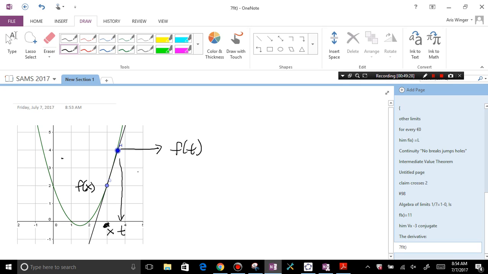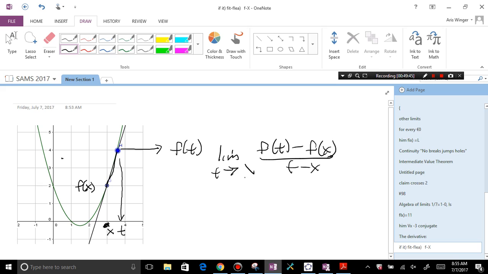What's the slope of this line? f of t minus f of x all over t minus x, and I want to take the limit as t goes to x. Whatever that is, I'm going to call that the derivative, and that's the definition.